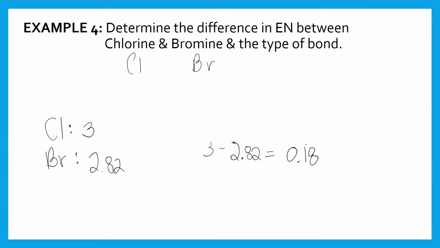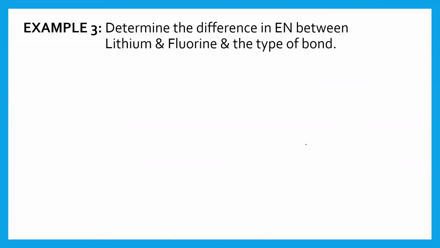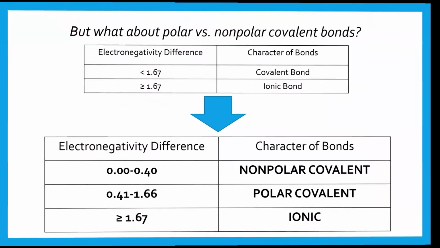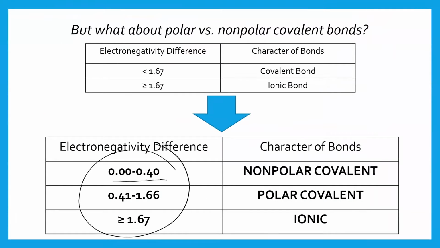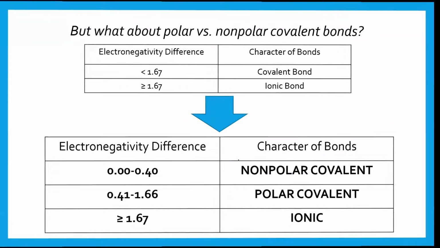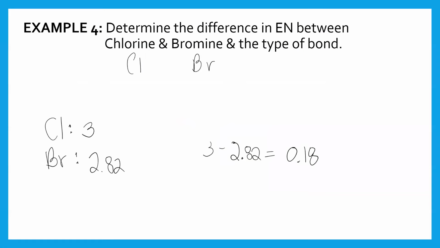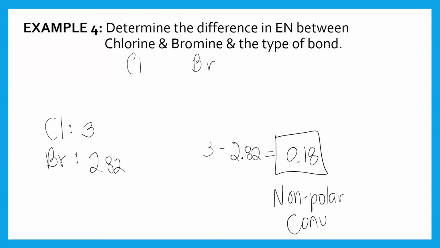I'm going to go back to that chart again. 0.18 falls in this category, which makes it nonpolar covalent. Okay, so that is section 3. Determining electronegativity and using it to find a bond type.